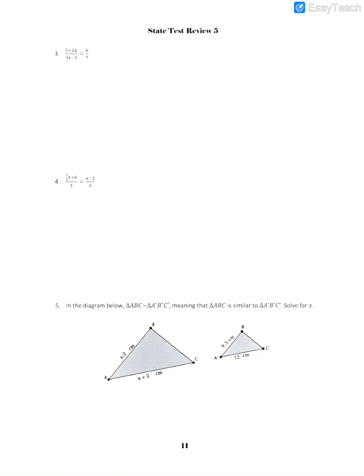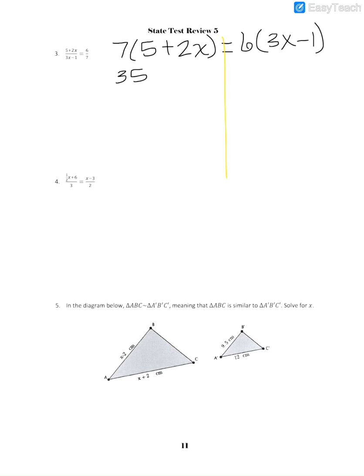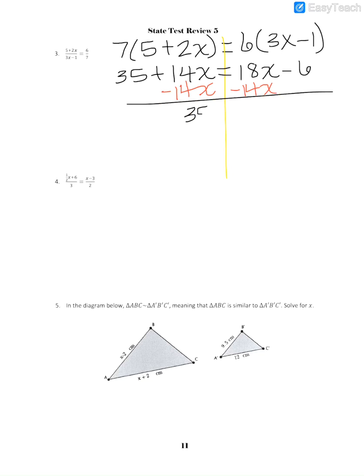Okay, number 3, we're going to cross multiply again. So we have the 7 with the 5 plus 2x, and the 6 with the 3x minus 1. We're going to distribute: 35 plus 14x, 18x minus 6. Looks like the 14x is the smaller x, so we're going to minus 14x. 35 equals 4x minus 6.